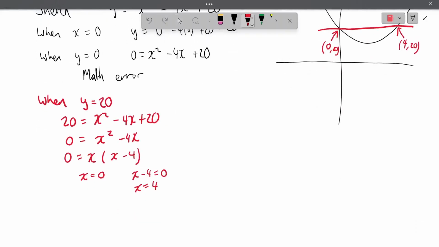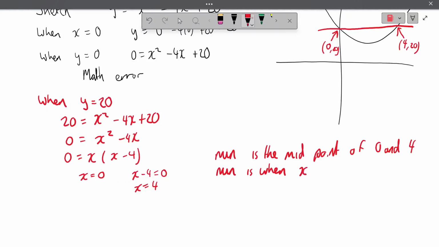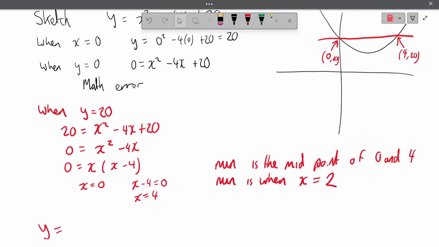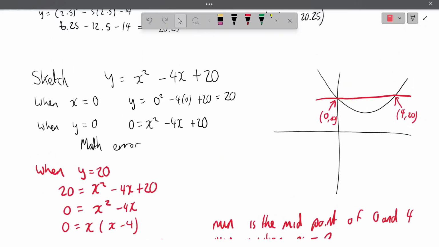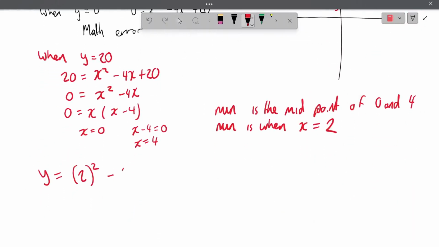Now the minimum is the midpoint of 0 and 4. So the minimum in this case is when x equals 2. Now we want to work out y. Well, y equals 2 squared, and that's 4 lots of 2, plus 20.